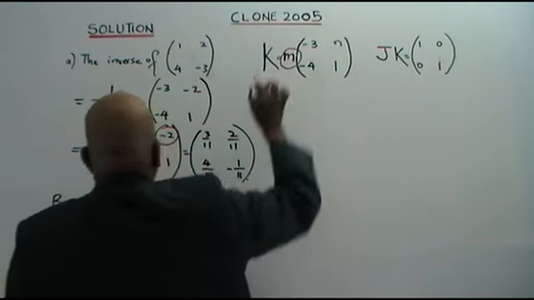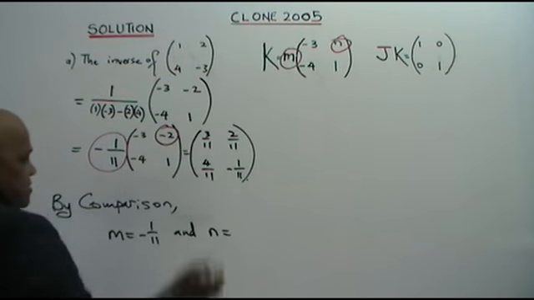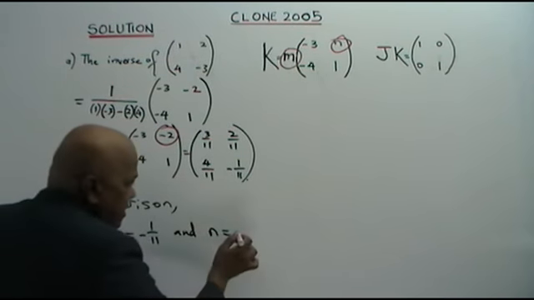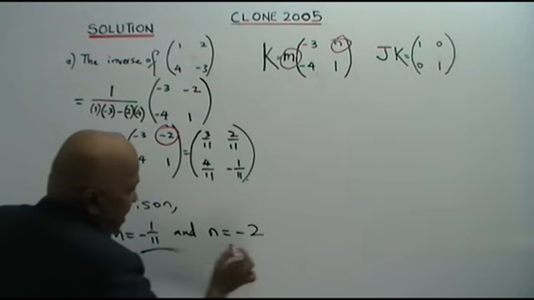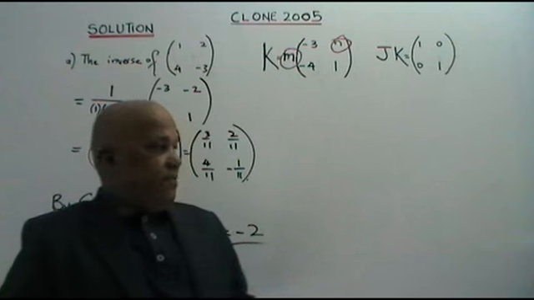M is this, N is this. So the answer is N equals negative 2. These are your answers. Very, very simple.